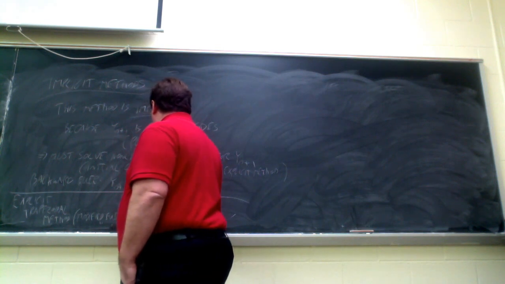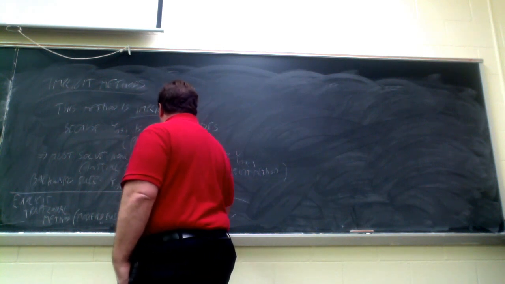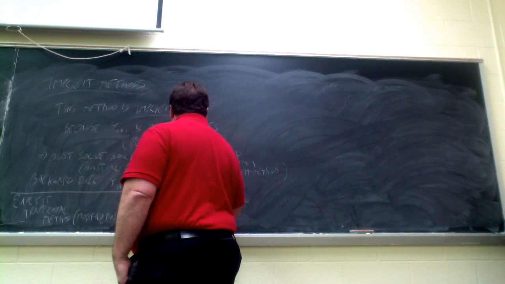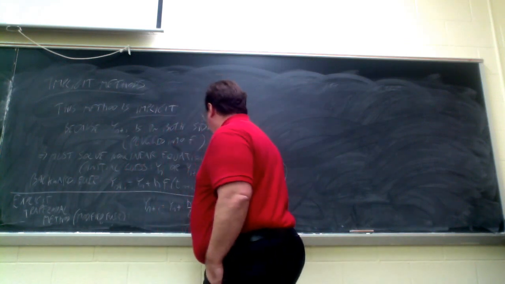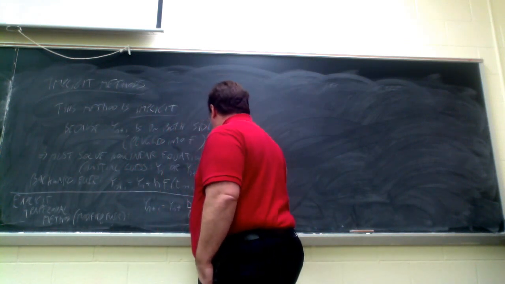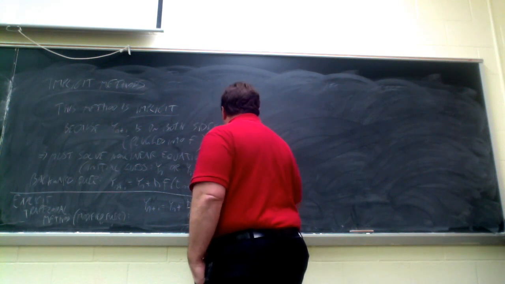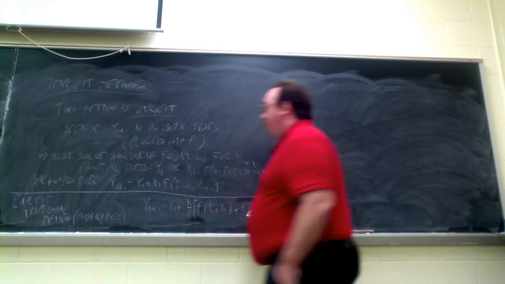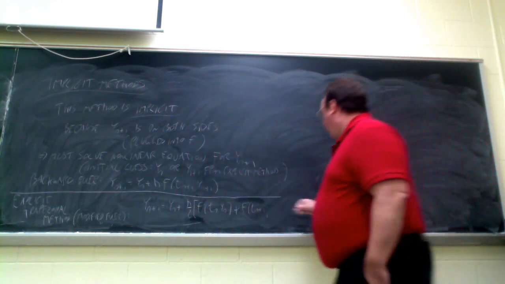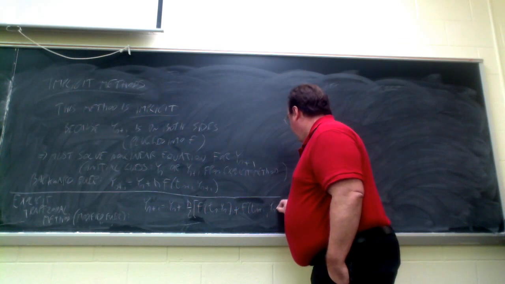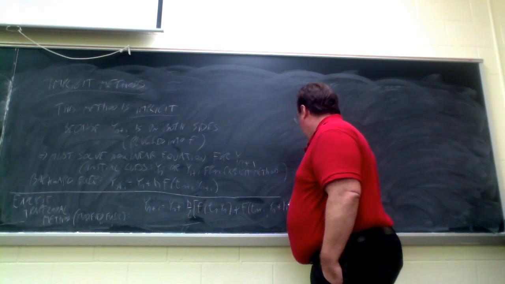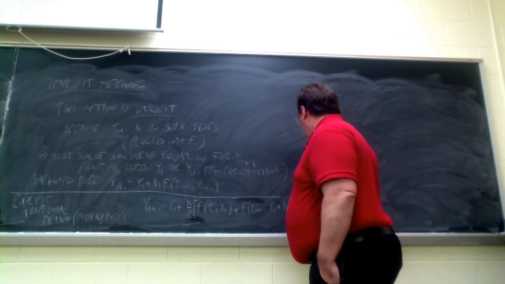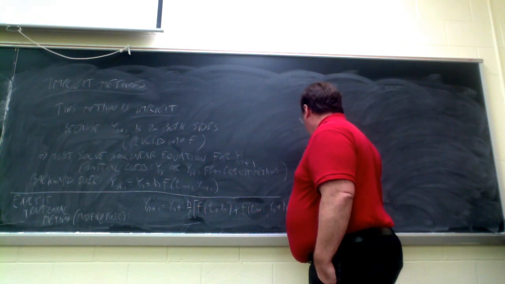That would be yn plus 1 equals yn plus h over 2. So it starts out looking exactly like the trapezoidal method I was dealing with. Then we get plus f of tn plus 1, and instead of putting yn plus 1, we use the Euler's method approximation of yn plus 1.